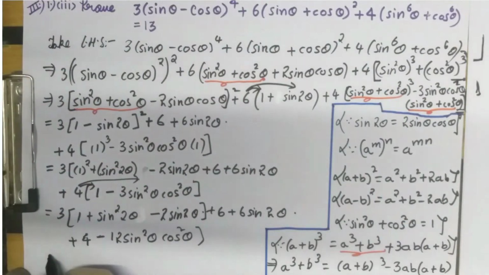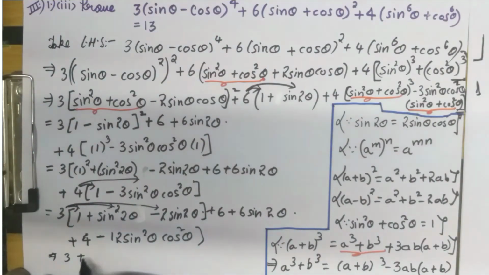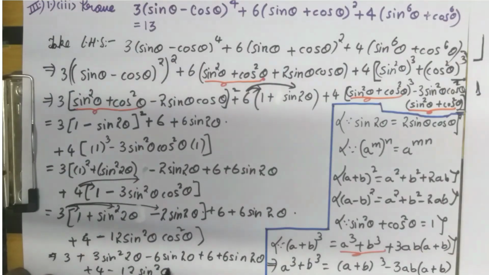Now we can write this as, open the bracket with each term, 3 into 1 is 3 plus 3 into sine square 2 theta is 3 sine square 2 theta minus 3 into 6 is minus 6 sine 2 theta plus 6 sine 2 theta plus 4 minus 12 sine square theta cos square theta.